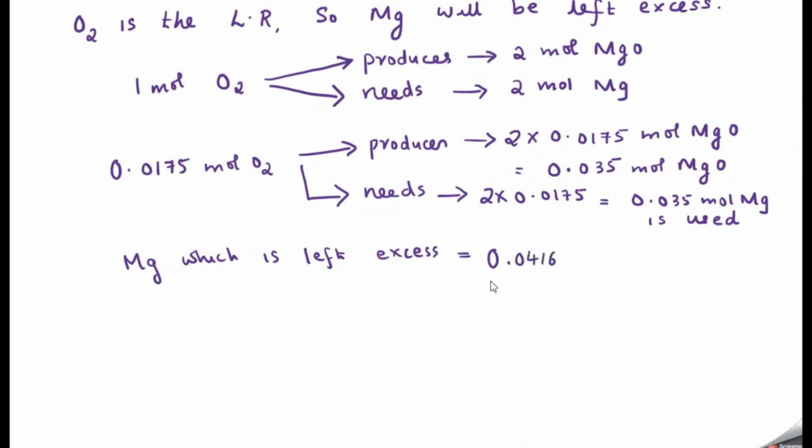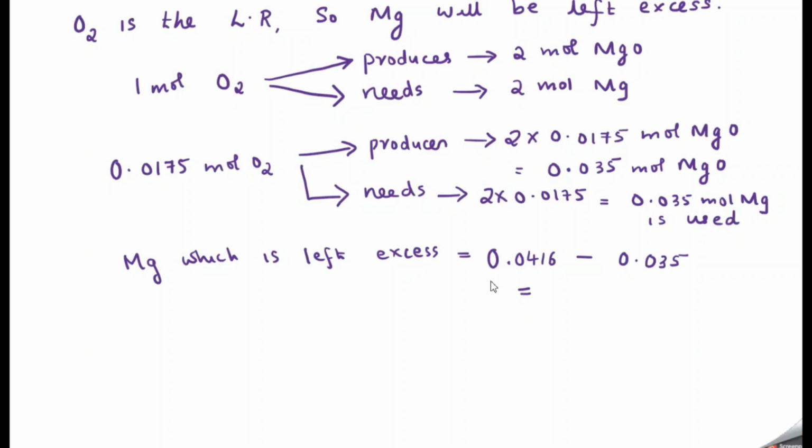0.0416 minus, if you want to find excess, we need to subtract it with the amount that is used in the reaction. How much is used? 0.035 is used in the reaction. So tell me what is left behind. If you do this subtraction, that is 0.0416 minus 0.035.